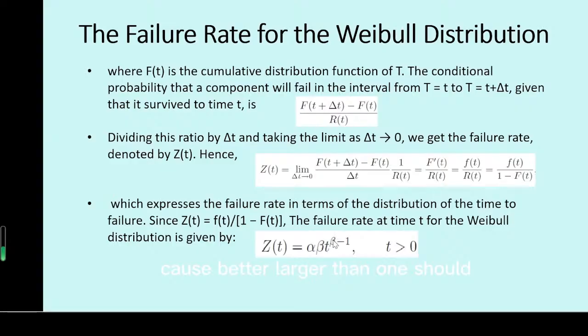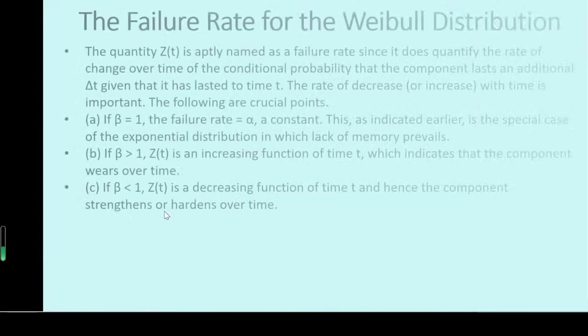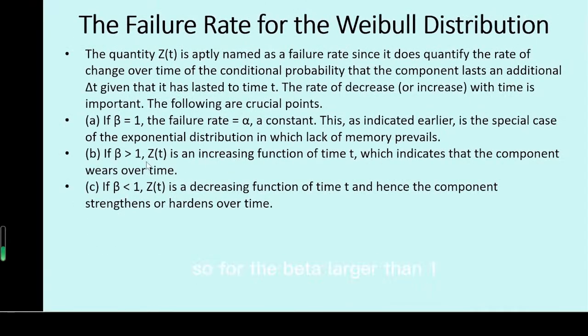Because beta is larger than 1, the power part is larger than 0. So when t increases, this term will also increase, right? So for beta larger than 1, it means the component will wear over time, and will be more likely to fail after a longer time.